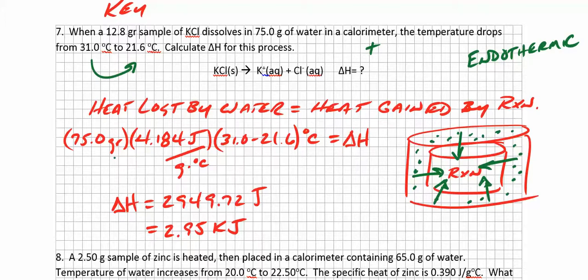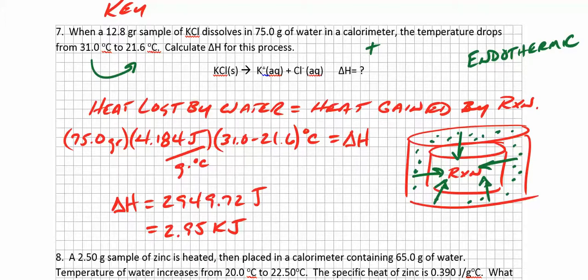So let's do a quick calculation. When we say 75 times 4.184 times 31.0 minus 21.6, I get this big number, 2,949.72 joules. Let's shave some significant digits off. We want only 3, so we'll make it 2.95, and we'll also convert it to kilojoules.